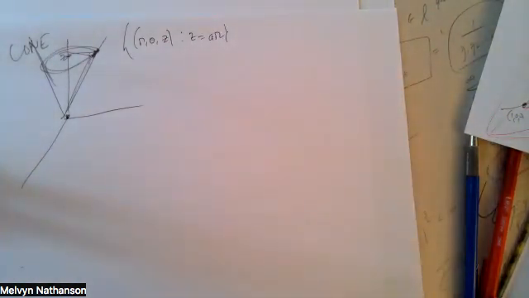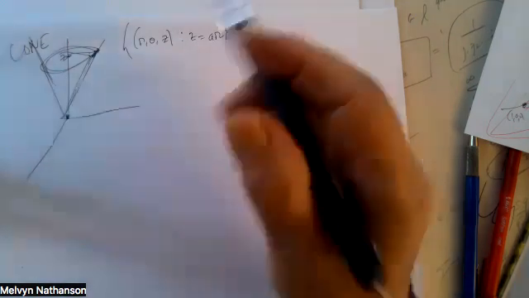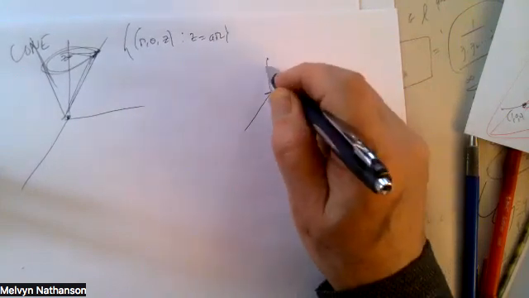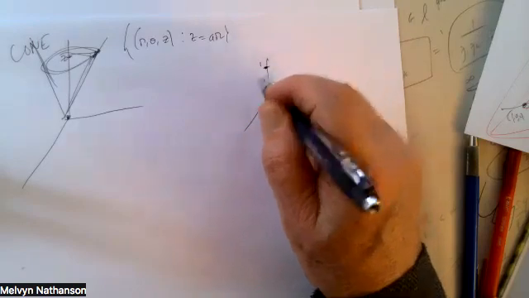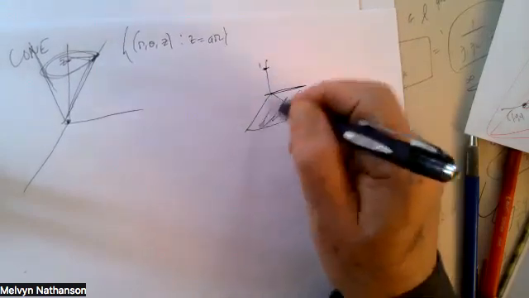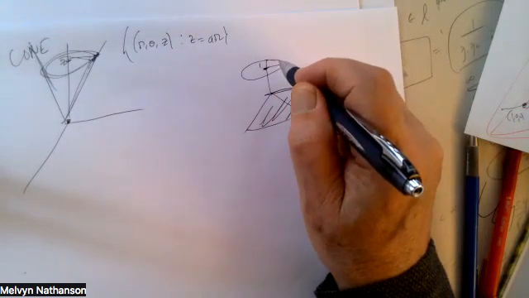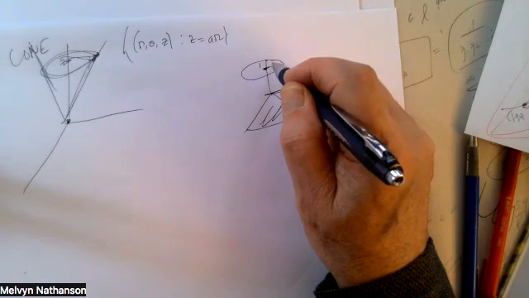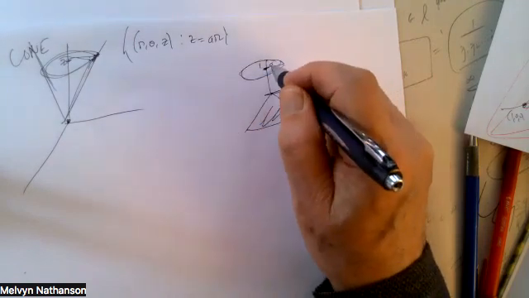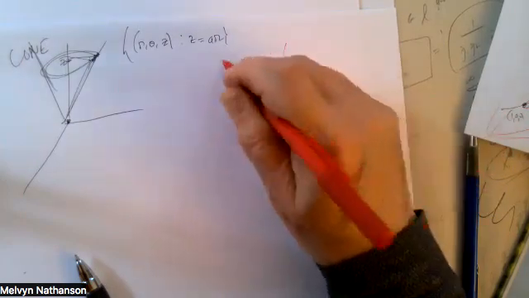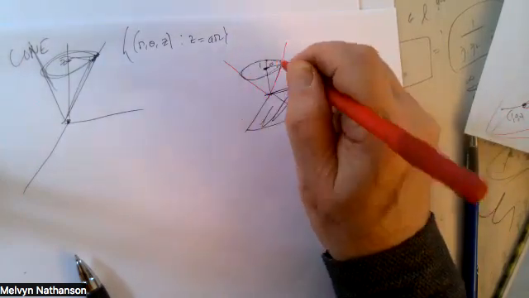Think of it like this. Suppose at height 1 above the xy plane, you draw a circle of radius a. That's just a circle of radius a above the xy plane. Then you draw the lines from the origin through every point on the circumference of the circle going out to infinity.